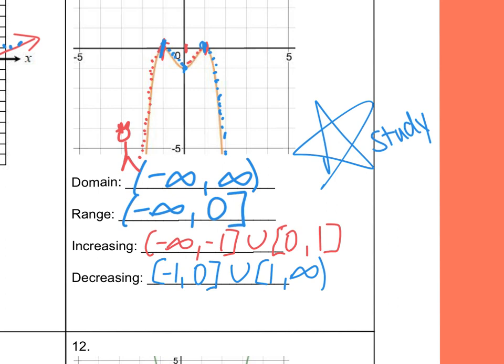So one thing too that you can write down for increasing and decreasing, guys, these are your pathways on X. We already know what Y is doing because if it's increasing or decreasing, we're already telling what the Y is doing. I'm worried about where on X this is happening.